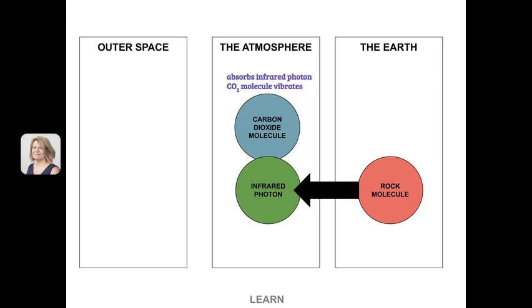Now, carbon dioxide molecules easily will absorb these kinds of photons. So unlike the visible light photons, which just pass right by, the infrared photons get absorbed by the carbon dioxide molecules. And that causes the carbon dioxide molecule to start vibrating, get excited. Okay, it's absorbing that heat energy. And so it starts to vibrate more.